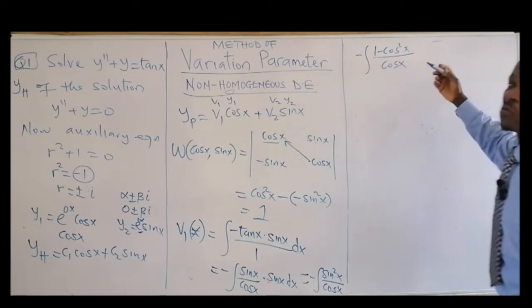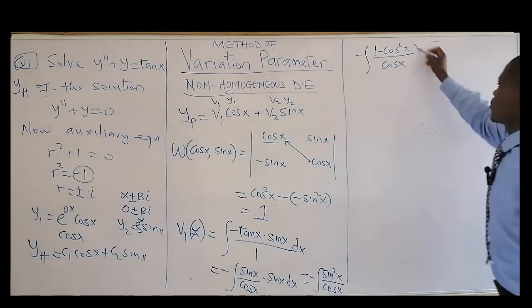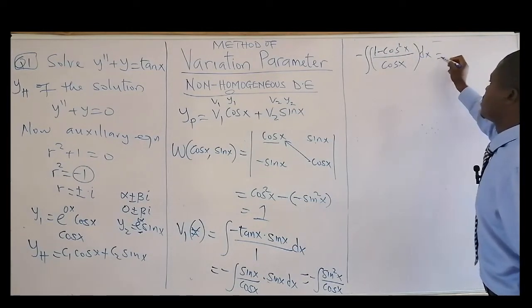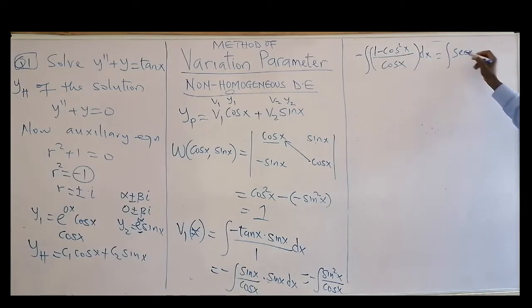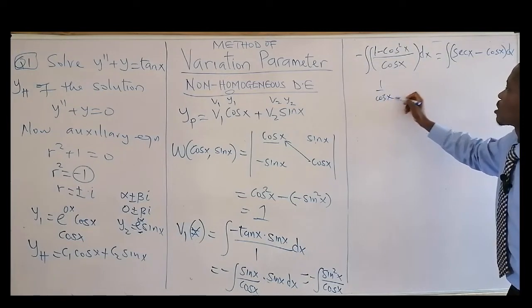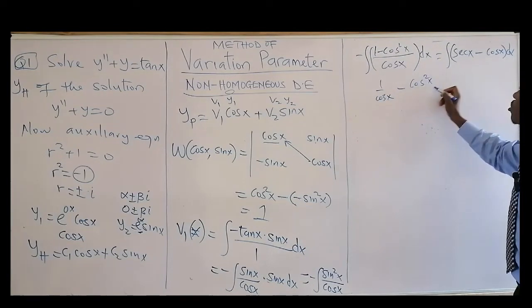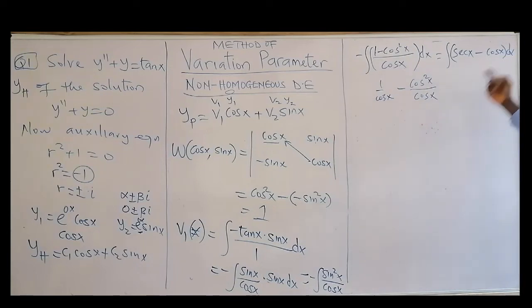Let's make everything in form of cosine. 1 over cos is sec x, and then cos square x over cos x is cos x.